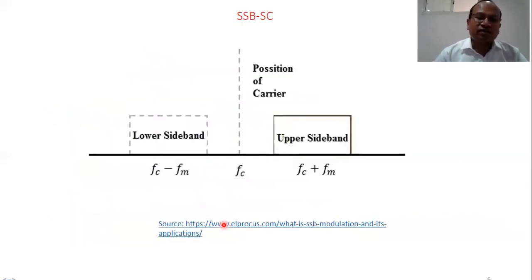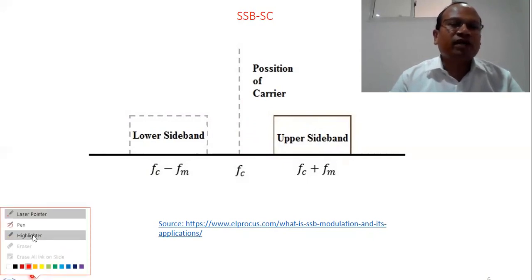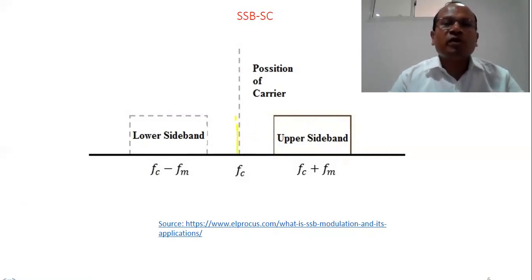So you see here another diagram. Suppose we are only communicating the upper sideband. You see that only the upper sideband is getting transmitted, right? This particular area is actually not blank. This FC is the center, and this band, let me use a highlighter, that would be better. This particular area is your upper sideband, right?